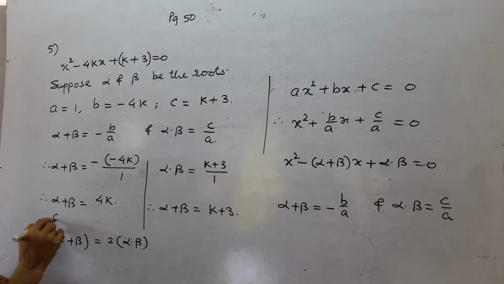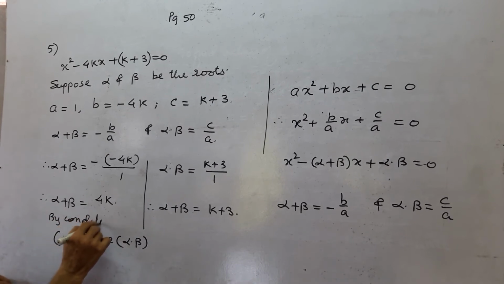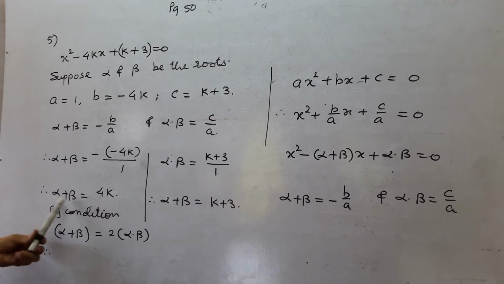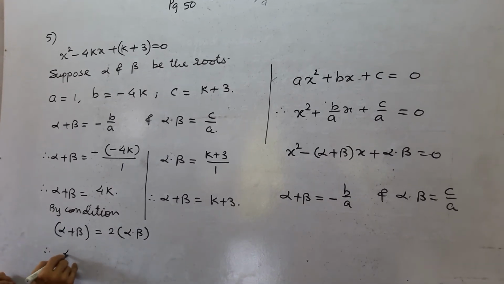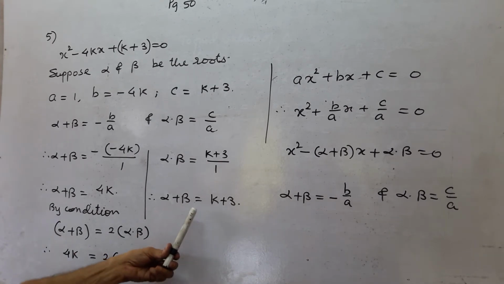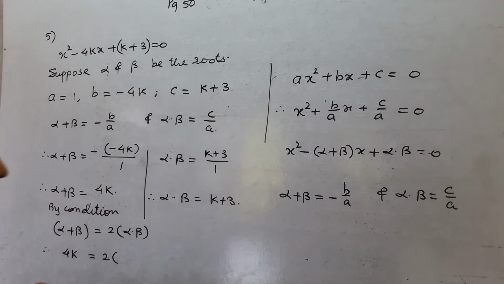So this is the condition given. So by condition, sum of the roots is double of the product, and therefore we get alpha plus beta, but alpha plus beta is 4k, is 2 into the product, but product is alpha into beta, and that is k plus 3.